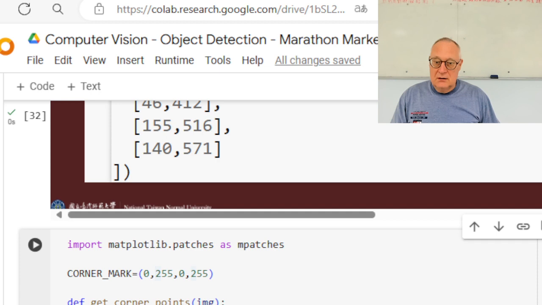And here we want a larger block size because we have more pixels. So four and five and five, 4 and 5.